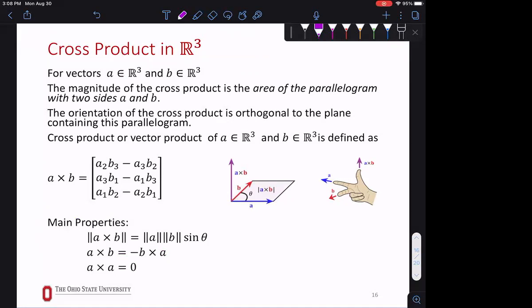Yes, so the parallelogram area gives the magnitude, and this is the direction. That's how we get the direction. Now, you see a hand there, and you all know the right hand.